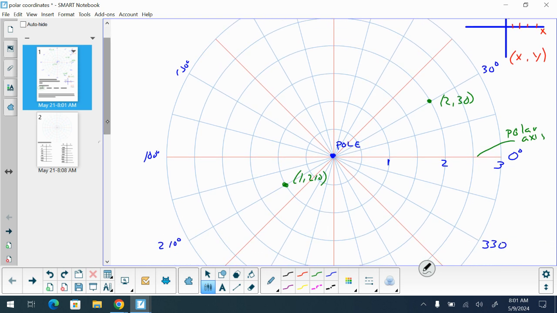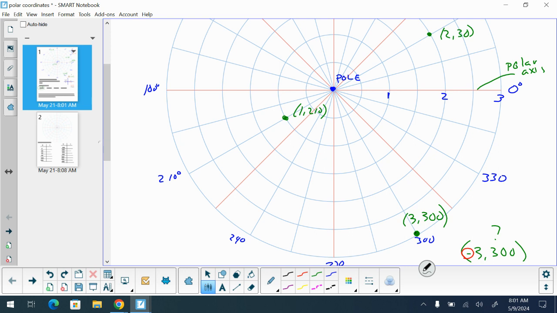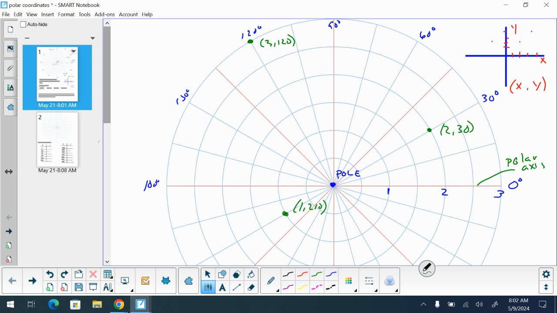If I go out the 300 axis, but I go opposite to the 300, well, here is my line that is the 300 axis. If I would go out the line that's opposite that, that's going to take me out the 120-degree axis. So it's going to take me back to this point right here, where we have 3 and 120. This is also the same point as -3 and 300. So we just go the opposite direction.